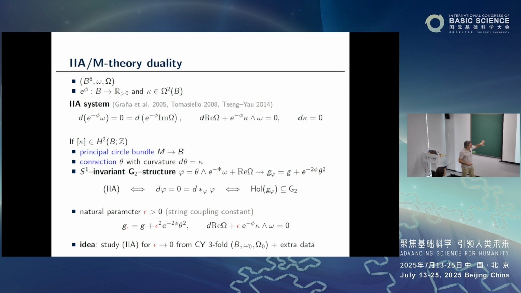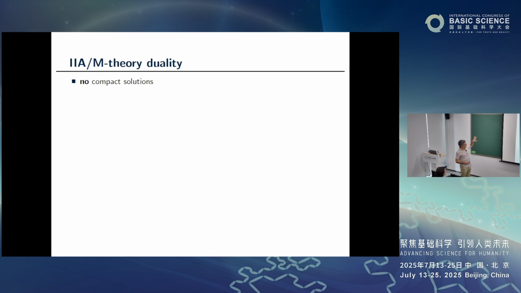Okay, so first of all, the story that I told is just a cartoon at this point, and this is also well understood in physics, because there are no compact solutions of this 2A system. For example, if we have this interpretation in terms of G2 holonomy metrics, then since G2 holonomy metrics are Ricci flat, then S1 invariant compact Ricci flat metrics are necessarily products of a circle times something lower dimensional.